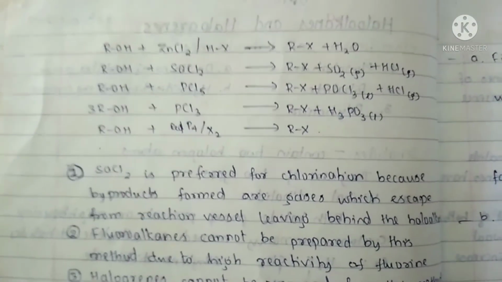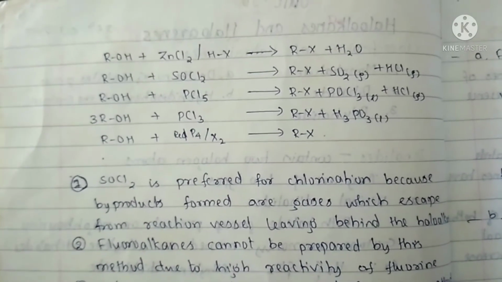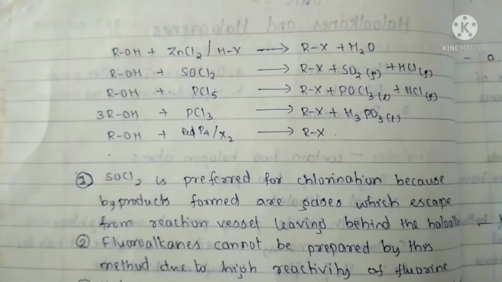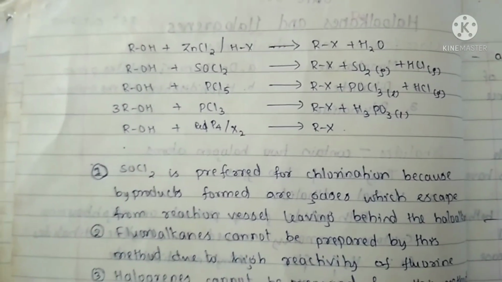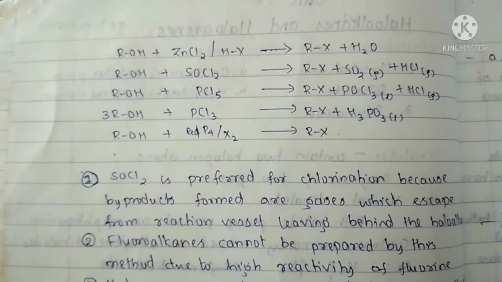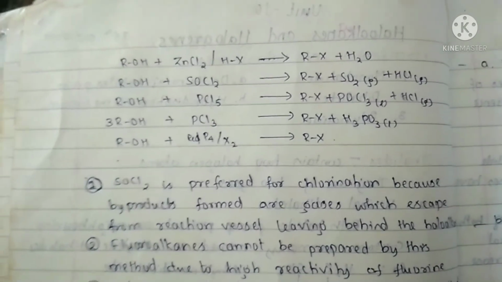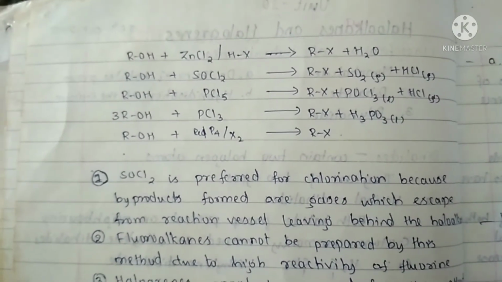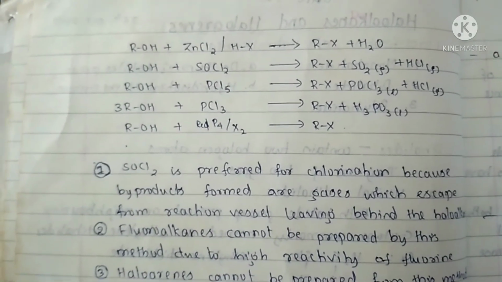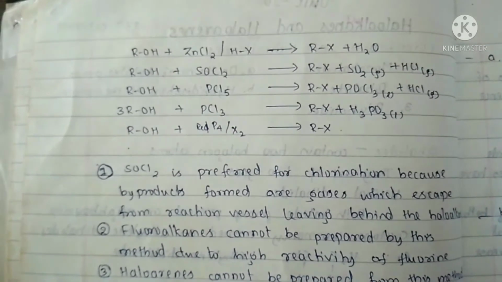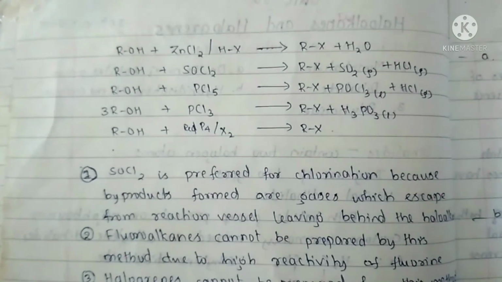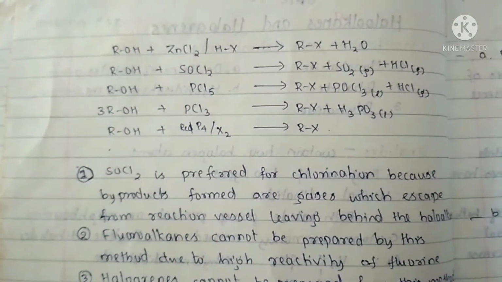Now, the halogenating agents here are anhydrous zinc chloride in presence of hydrogen halide, thionyl chloride, phosphorus pentachloride, phosphorus trichloride, and red phosphorus in presence of halogen. All these halogenating molecules will convert the alcoholic functional group into haloalkanes, and they also give out some byproducts.